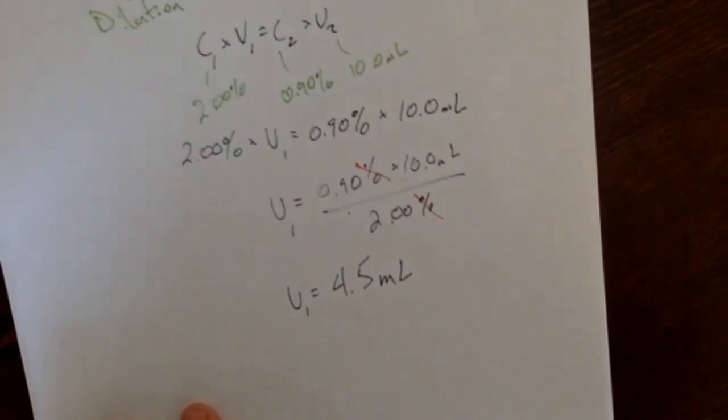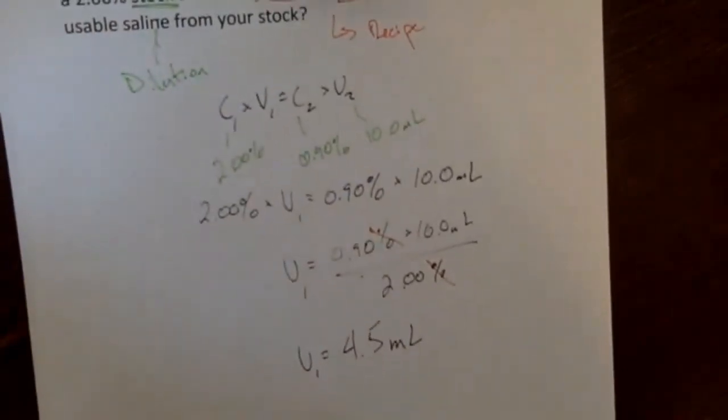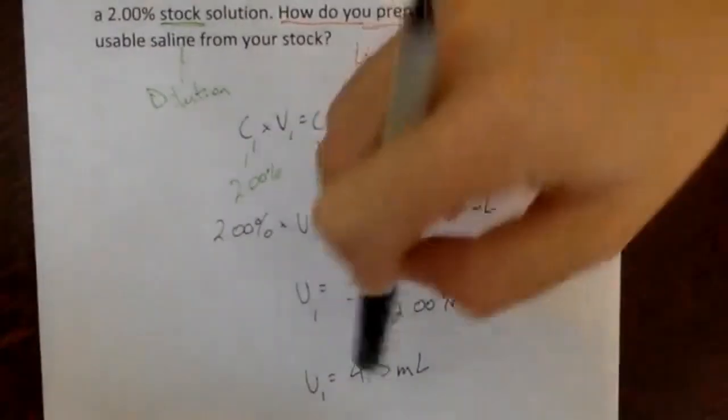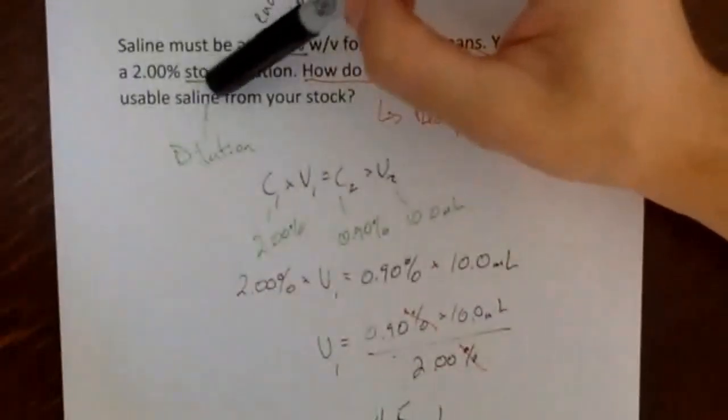So we got our number. But is that what we wanted? If we go back to our question, how do you prepare this solution? We have a number here, we have a V1 of this stock solution.